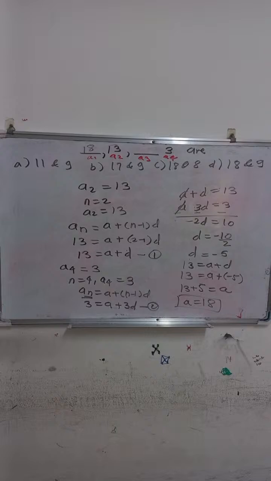Then next, check how much you will get. The third term, how much will you get? Next, answer check. d we got as minus 5, a we got as 18.